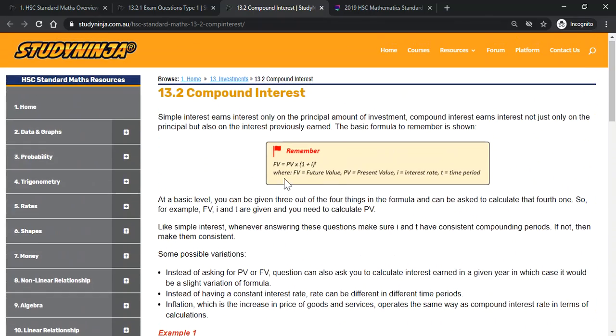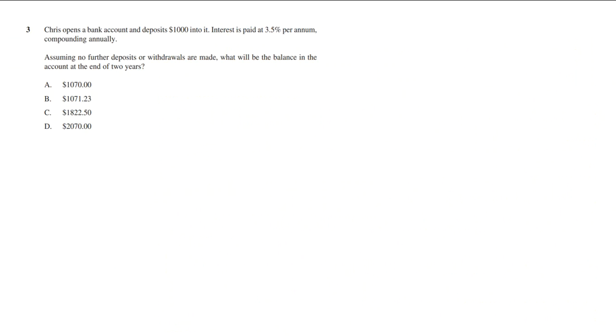So let's take out the formula. The formula says that if it's a compound interest, then the future value is equal to present value times 1 plus i, where i is the interest rate, to the power of t, where t is the time period.